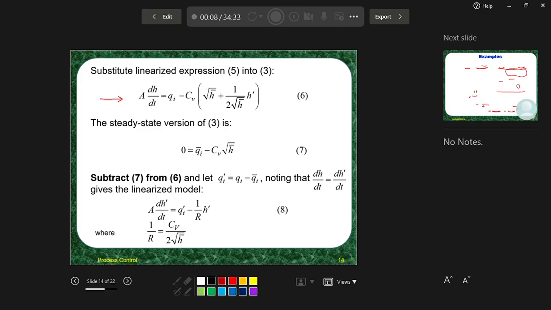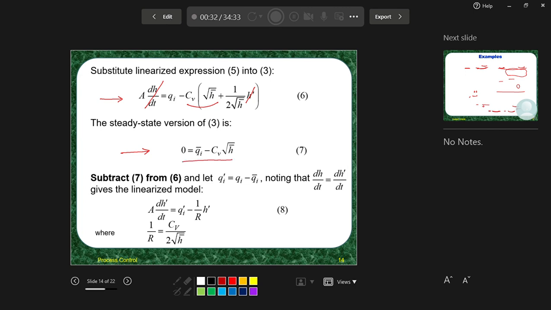Now, just to complete the analysis, we need to put it in a perturbation form. So we consider the steady state form of this differential equation. At steady state, this term will be dropped, and also this term will go to 0. Then you will have only CV times square root of h bar. So this is the steady state form.